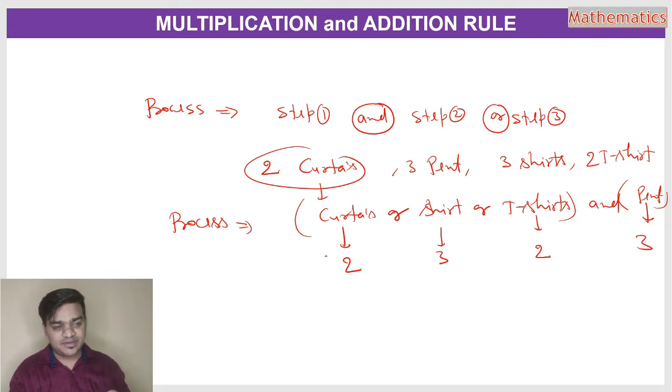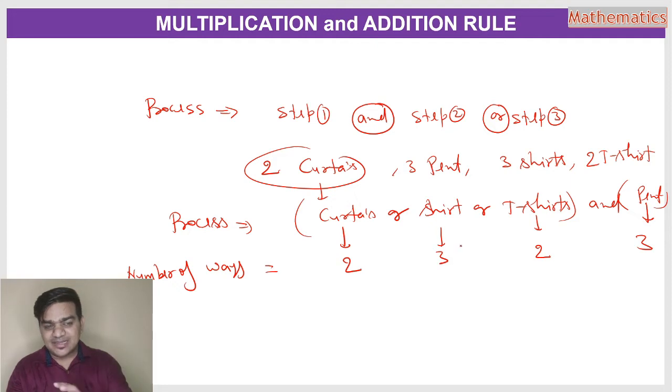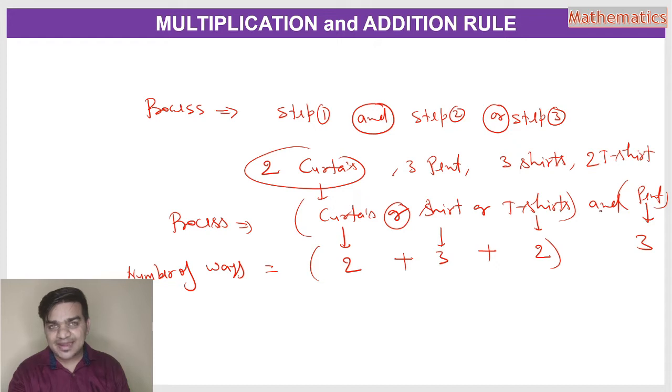Now do one thing: if I need to find the number of ways of this process, then write the number of ways of each step separately as I have written. Then at the place of "or" use the plus sign, and at the place of "and" use the multiplication sign.